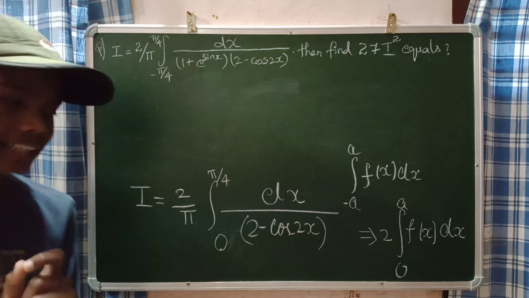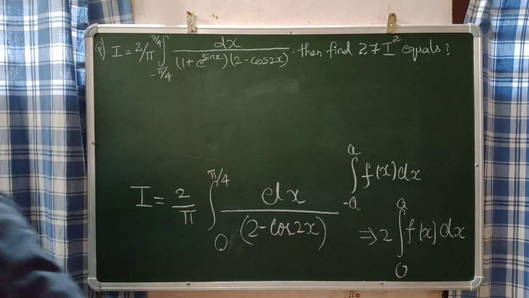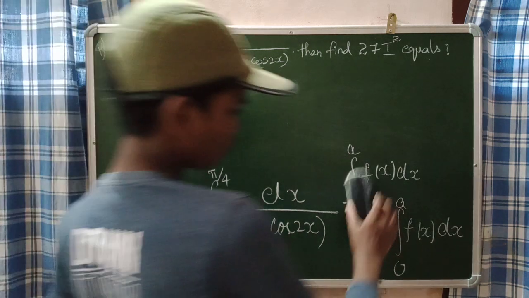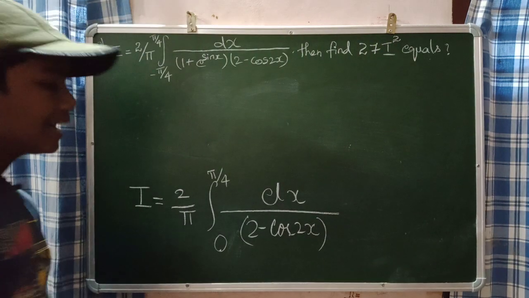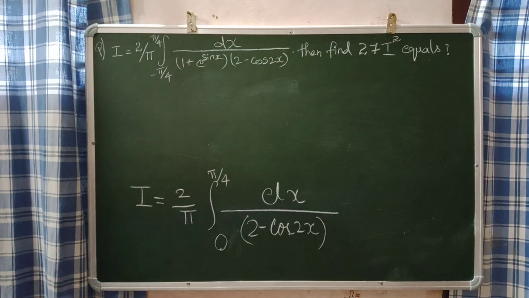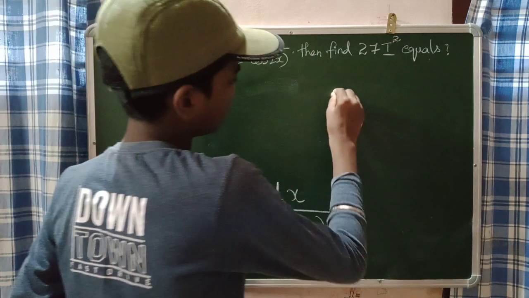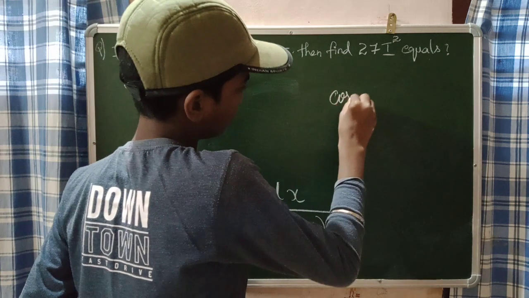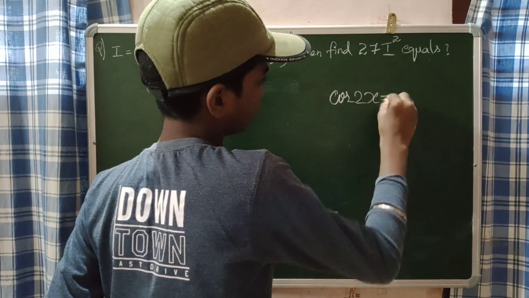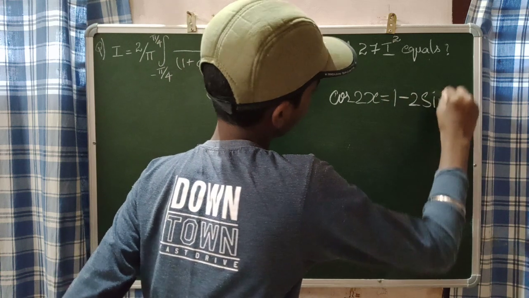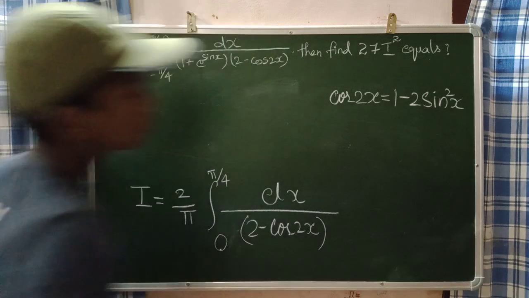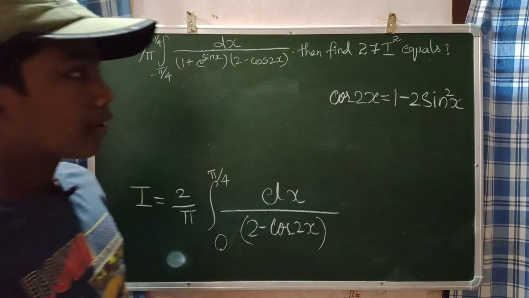Now, guys, listen carefully. This property is over. Now, can't I write this cos 2x as 1 minus 2 sin square x? I can write it like that now. Cos 2x can be written as 1 minus 2 sin square x.